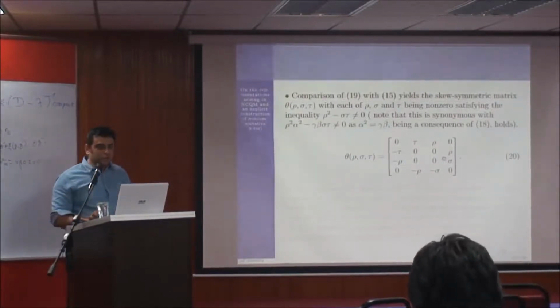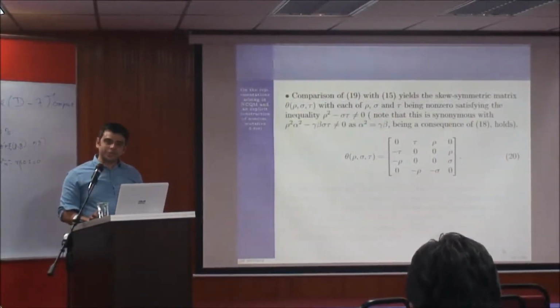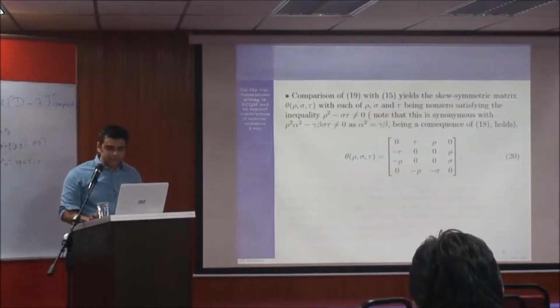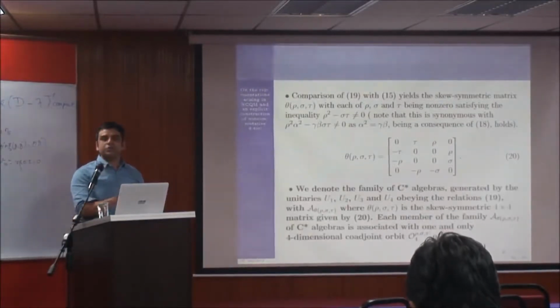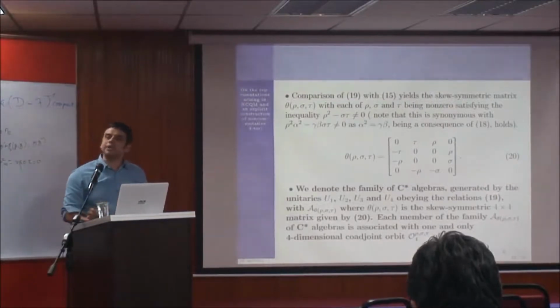Okay. Using the other unitary irreducible representations of G and C, one can compute the other expressions of this 4 by 4 skew-symmetric matrix.